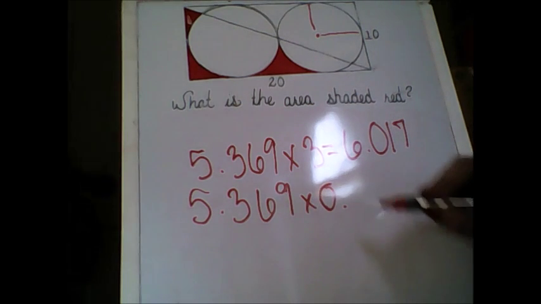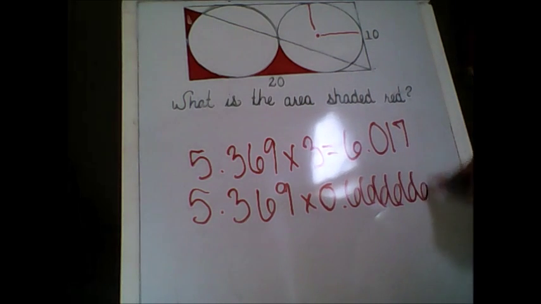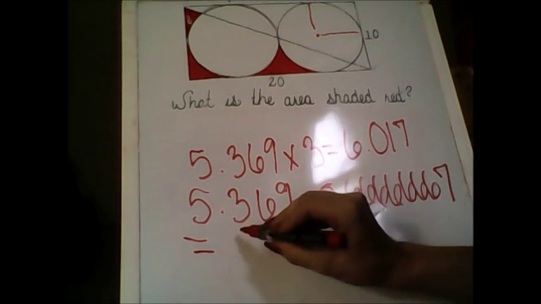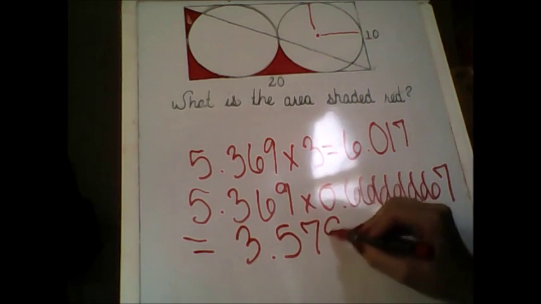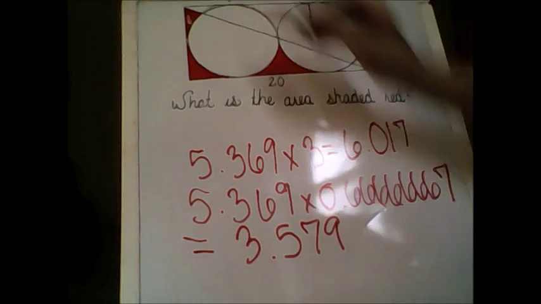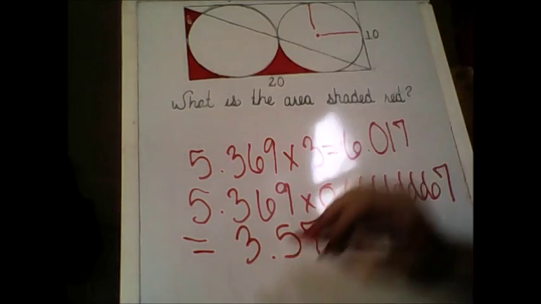I don't know how I remember that. It's just easy. So 1, 2, 3, 4, 5, 6, 7, and a 7. All right, if you punch this into your calculator, which I wouldn't say do this by hand, you would get that this equals 3.579. All right, 3.579 is how much this one is an area of.